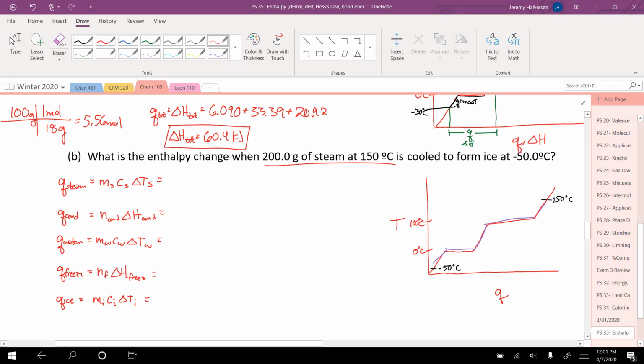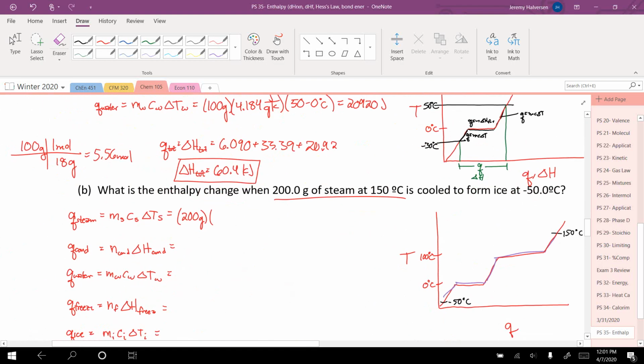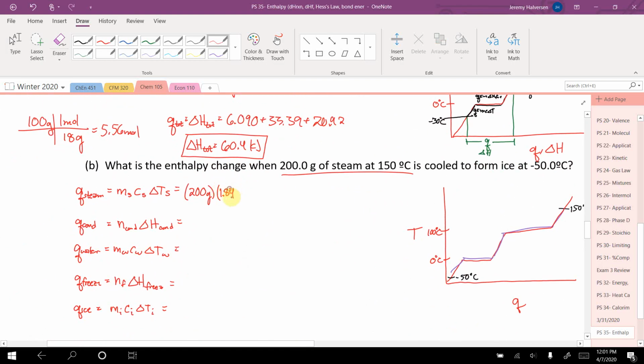Okay, 200 grams. My C value is, for steam, 1.84. I'm going from final of 100 minus 150.